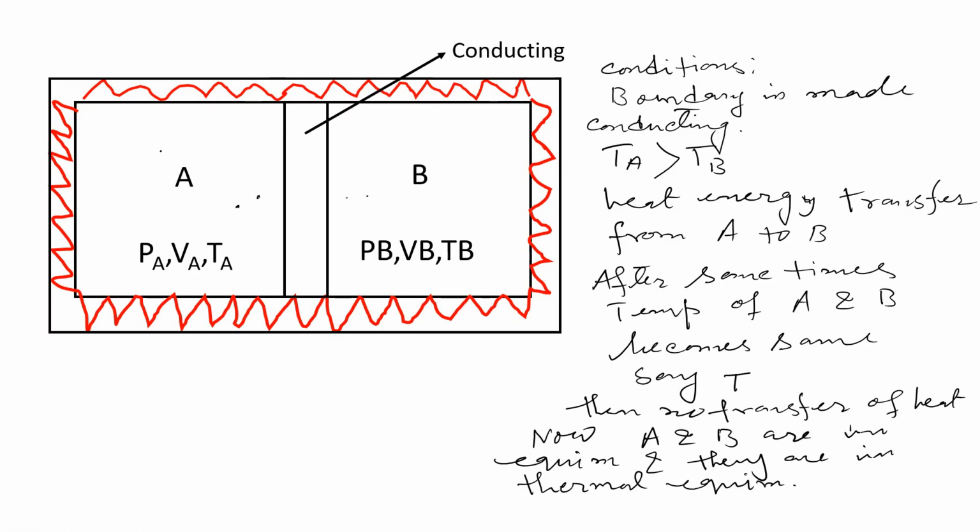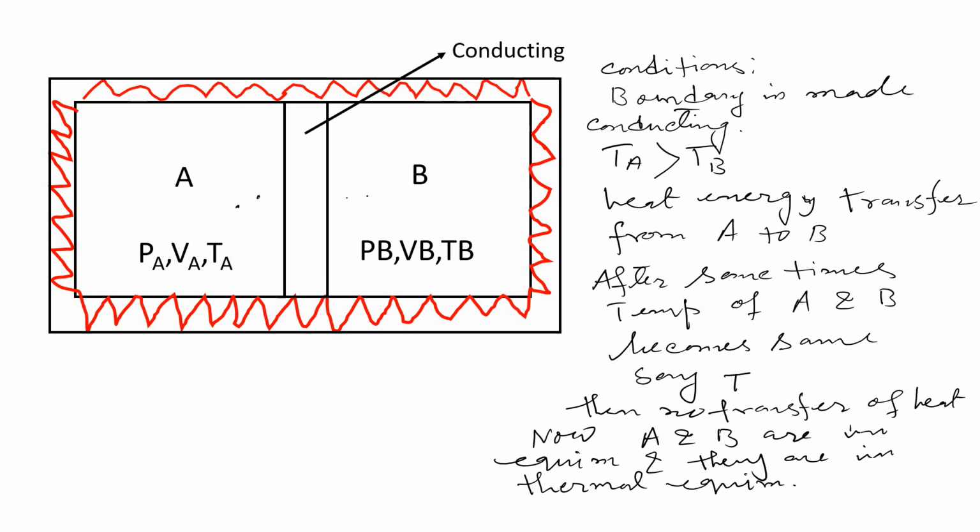So when temperature is changing, there are other parameters. Pressure and volume will also change for A, and pressure and volume also change for B, because with temperature those parameters also change. But when the parameters have changed and temperature becomes constant, both A and B at the same temperature, then after reaching that state there will be no change in the observable property. That means no change in the temperature, pressure, volume, etc. And no change in the temperature, no heat flow.